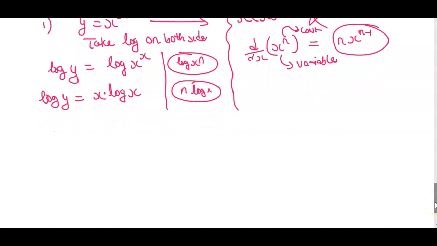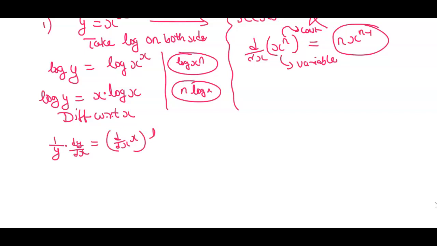So now since it is simplified, now I am differentiating it with respect to x. Log y derivative is 1 by y dy by dx, product rule, derivative of x log x: derivative of x as it is, then x as it is.